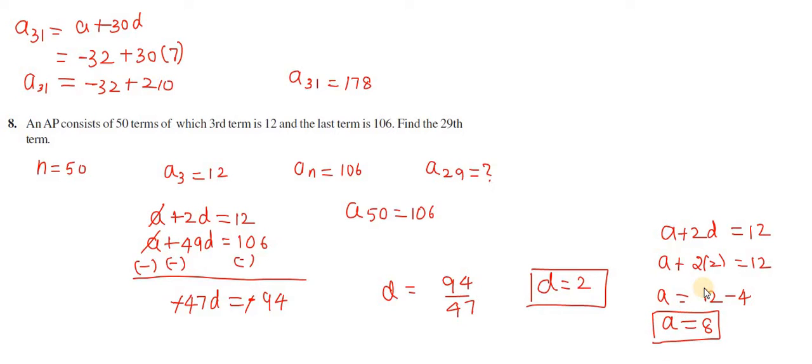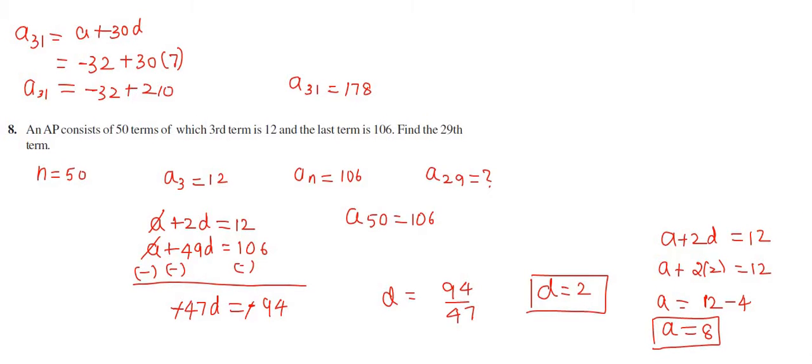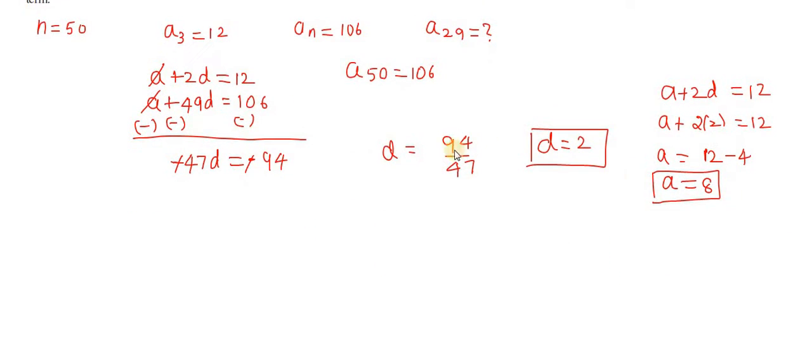Okay, so you got A is equal to 8 and we need to find the A29 term. A29 is equal to A plus 28D.